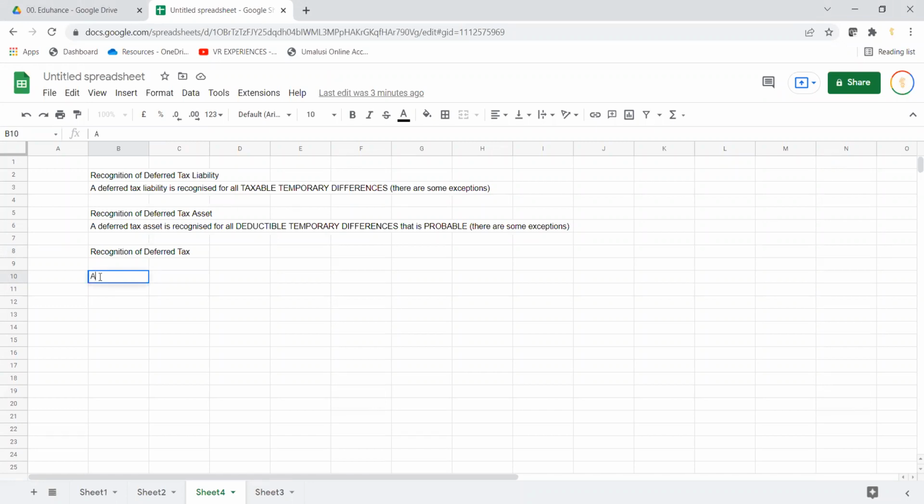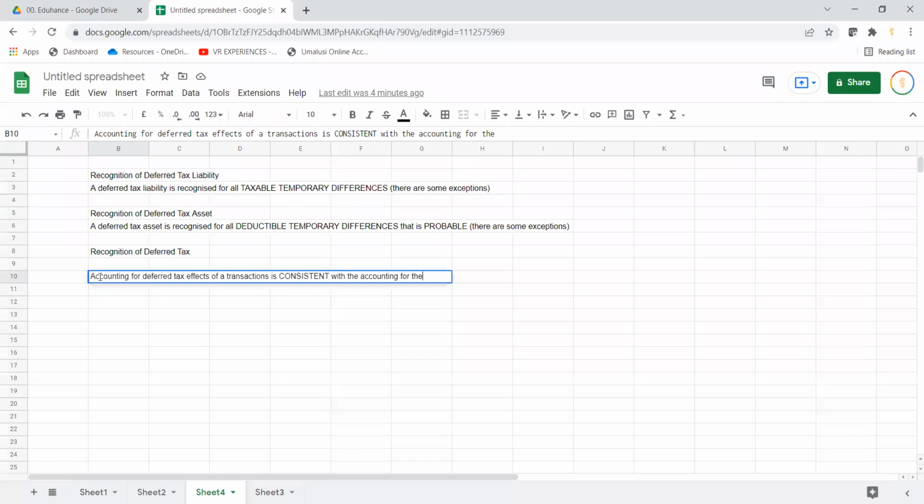The accounting treatment, the accounting for deferred tax, and this applies to current tax as well, which I'm going to explain now, is consistent with the accounting for the underlying transaction itself.